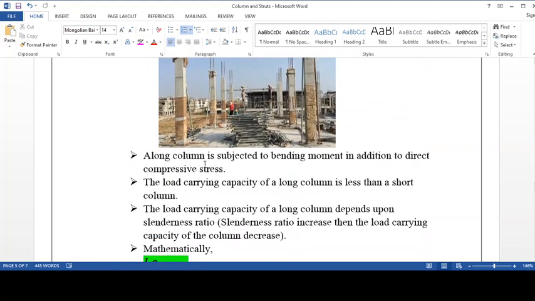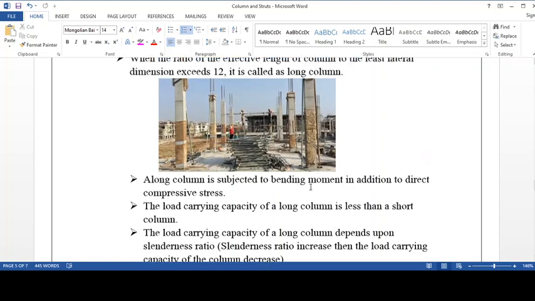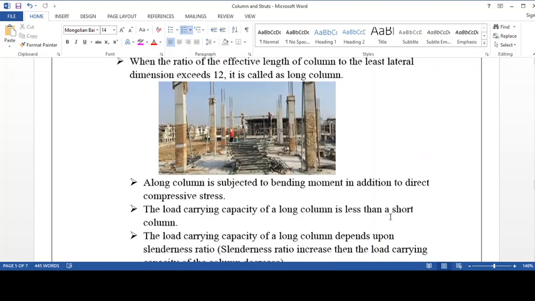A long column is subjected to bending moment in addition to direct compressive stresses. The load carrying capacity of a long column is less than that of a short column.